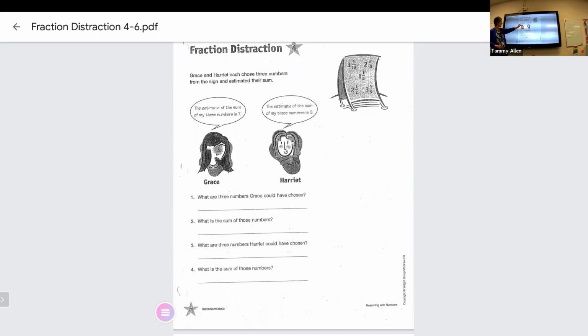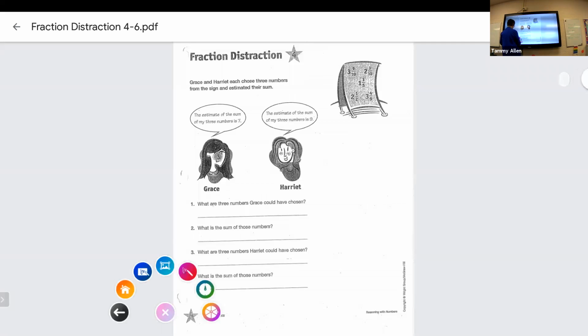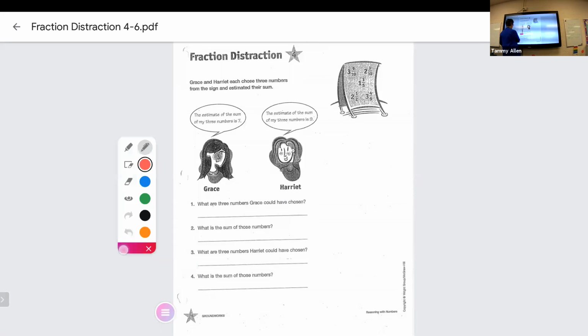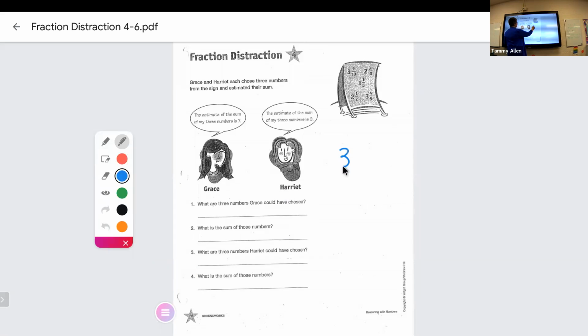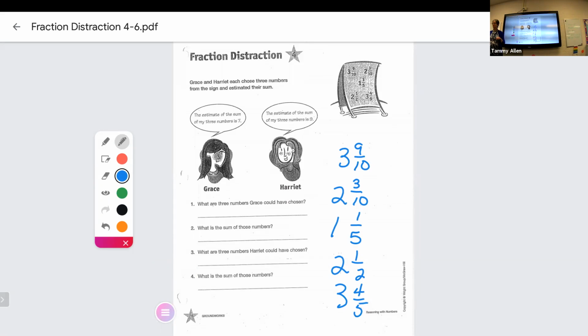Estimate of the sum of three numbers is 7. The estimate of the sum of three numbers is 9. Again, I would suggest you do the listing of all the numbers off to the side, and that we do the rounding of those numbers first so that we know what we're able to use.